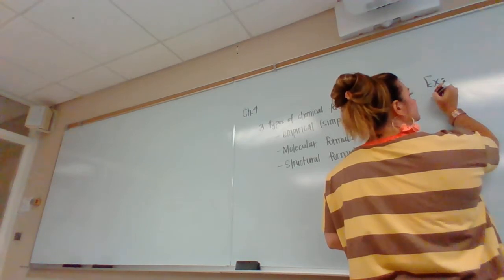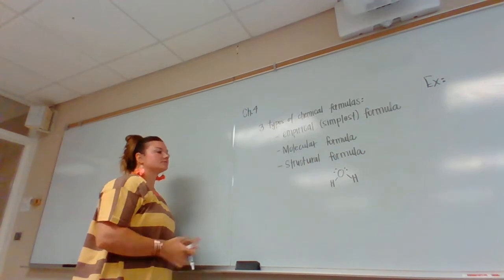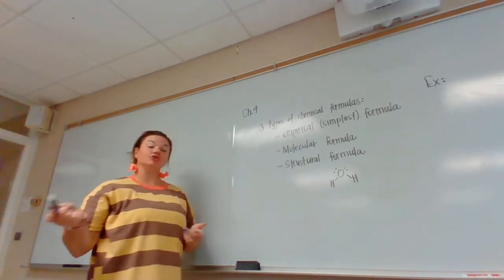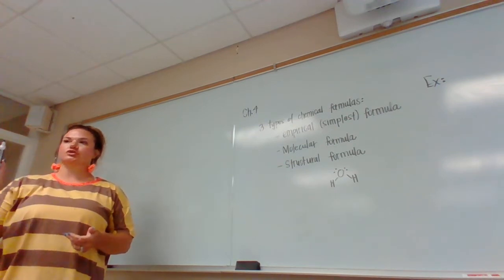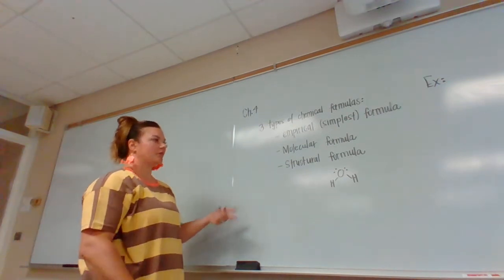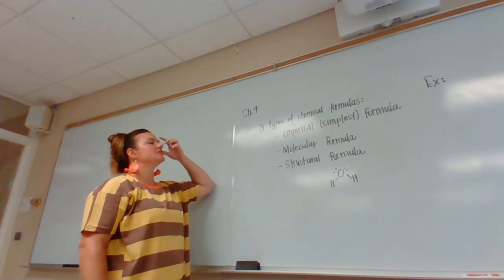And the structural is always ionic? Well, not always, but the structural is always for covalent too, because the ionic don't form a specific structure. That's right. So really these only differ for covalent compounds.